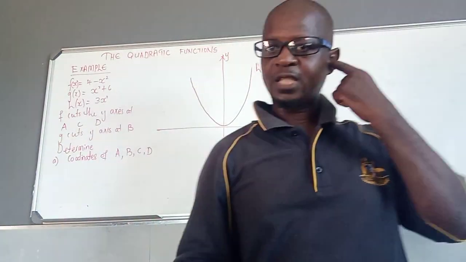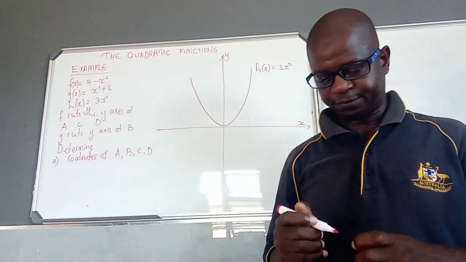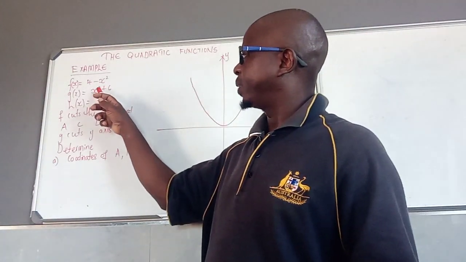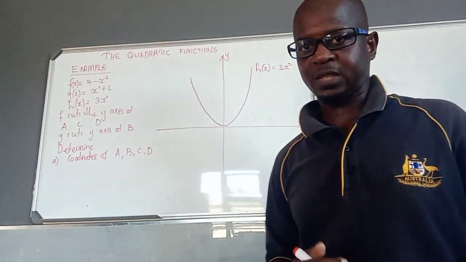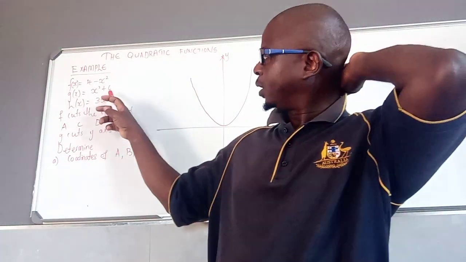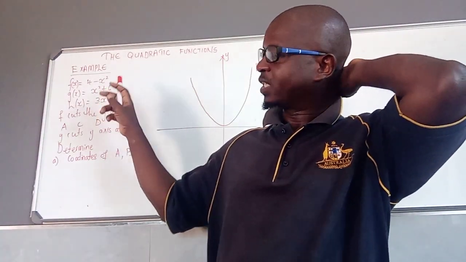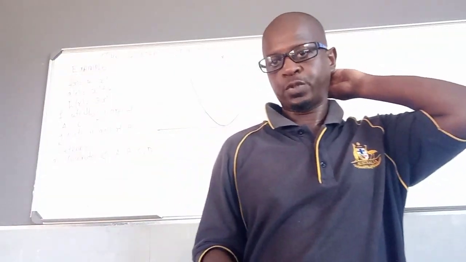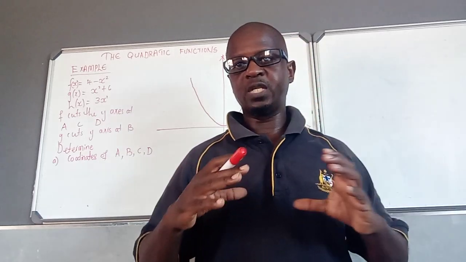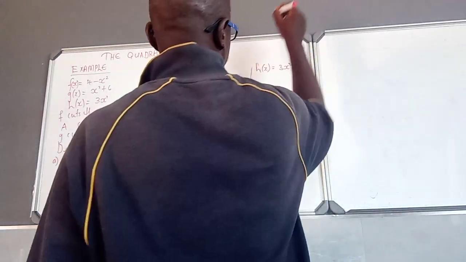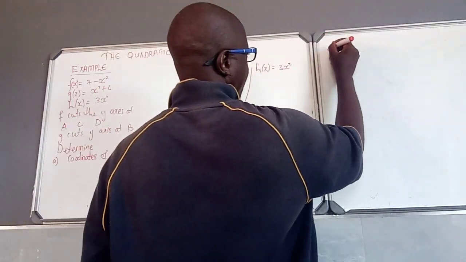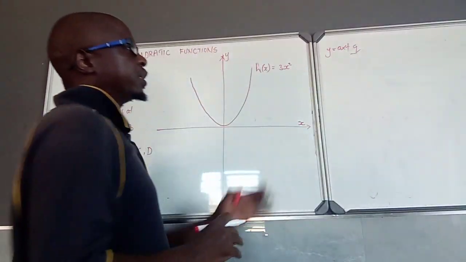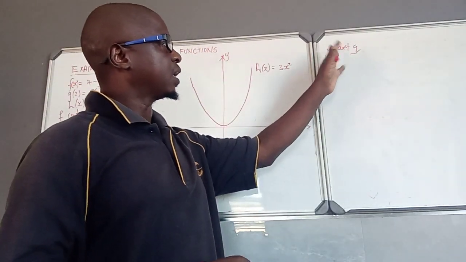That's our first function, and we move on to the next function, which is x squared plus 6. Remember what this plus 6 means. It is the y-intercept, and we can also write this as y is equal to ax squared plus q.